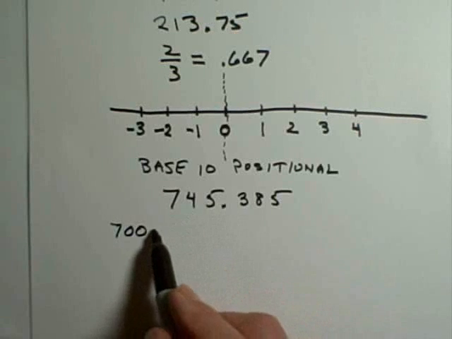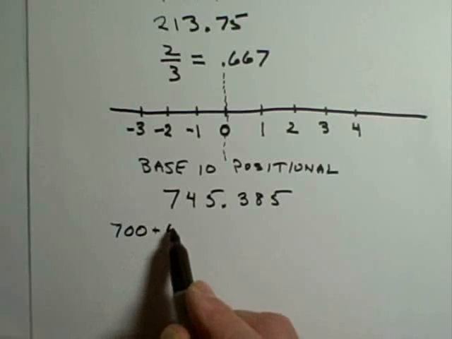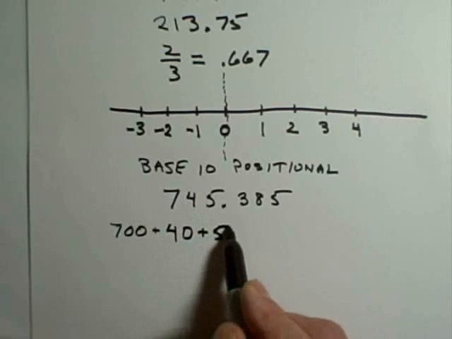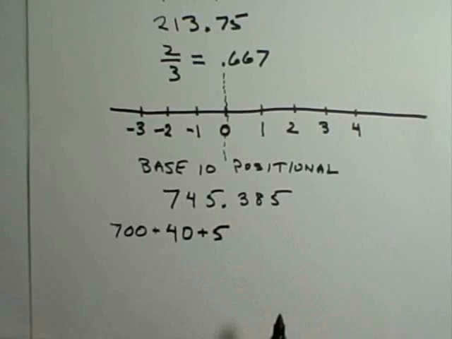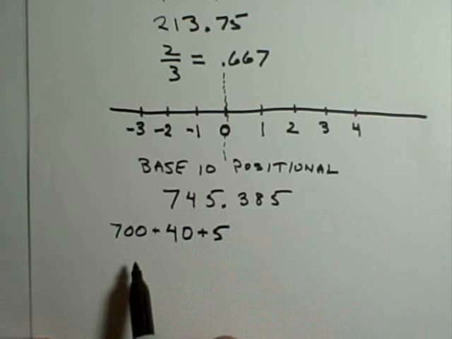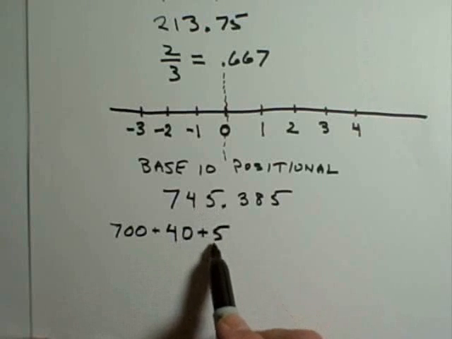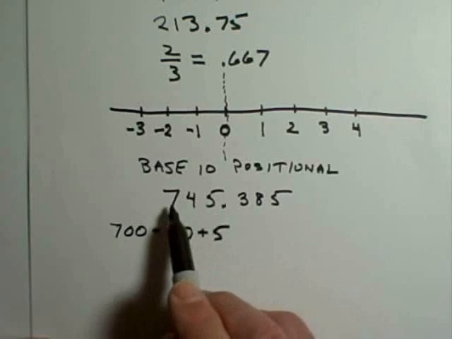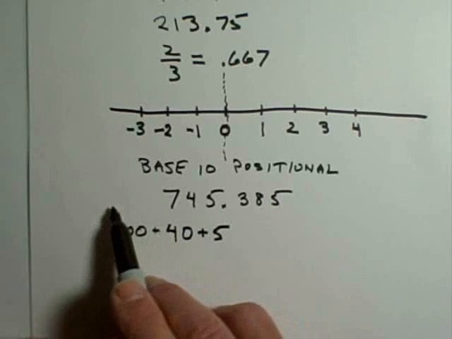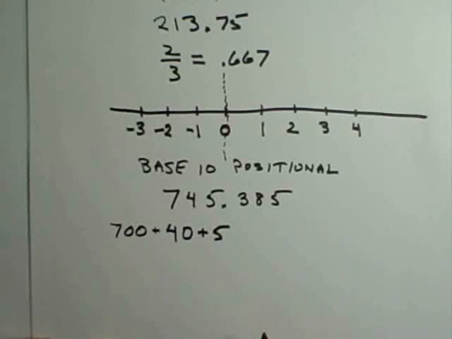Then, based on its position, you add to this 40, because 4 times 10. You add to that 5, because 5 is the first position left of the decimal point. So the first position is multiplied by 1, the second position by 10, the third position by 100. And if we had more digits, there would be 1,000, 10,000, 100,000, and so forth.